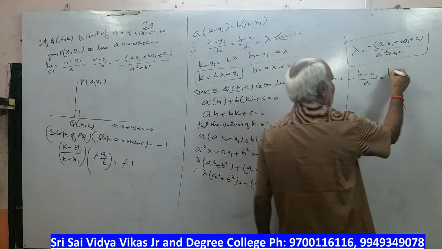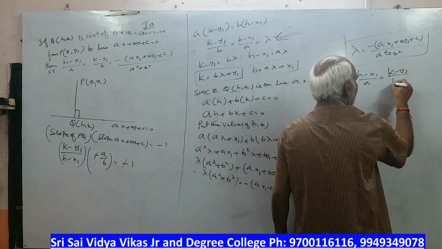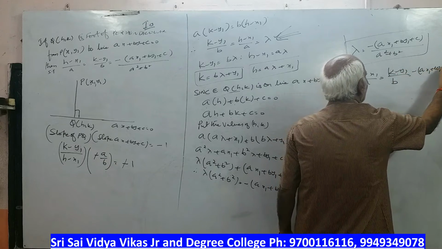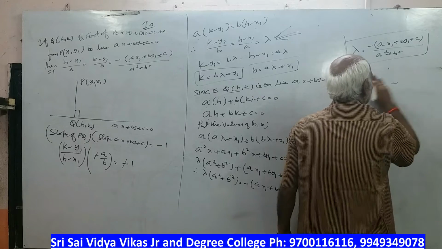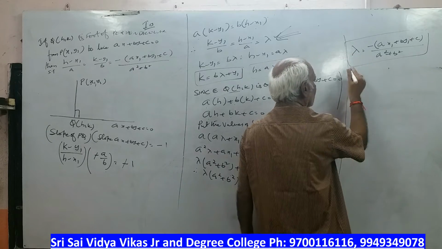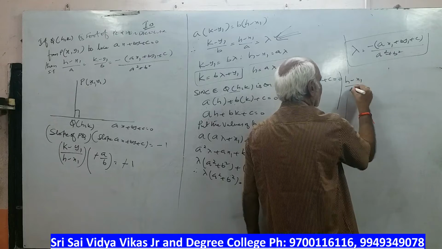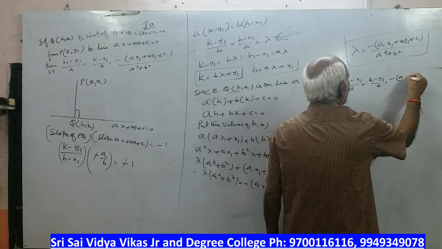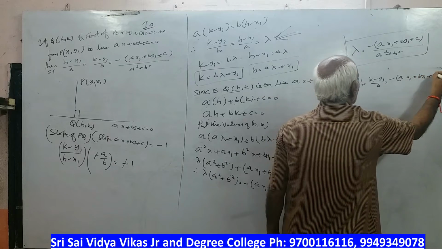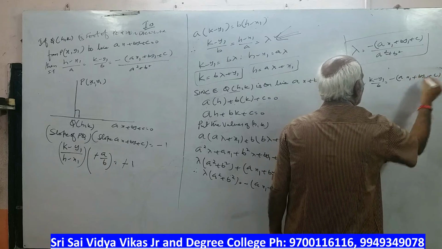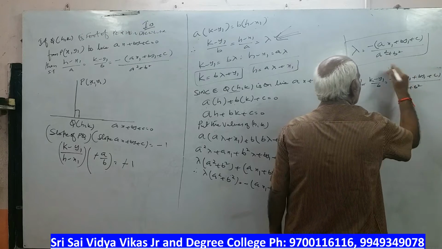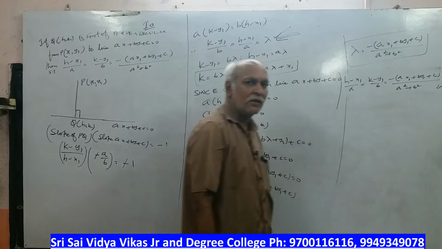So I am rewriting this: h minus x1 by a, k minus y1 by b is equal to minus of ax1 plus by1 plus c by a square plus b square. Okay, which is required to prove.